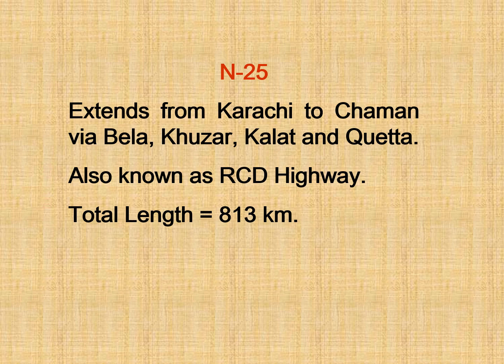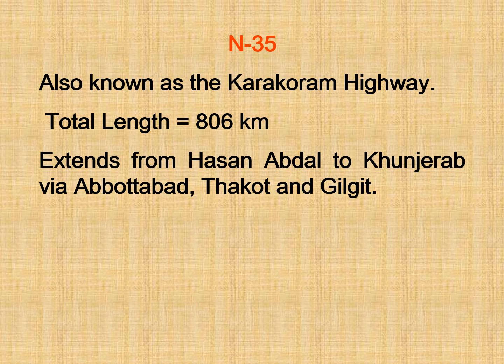Total length is 813 km. N35, also known as the Karakoram Highway, total length 806 km, extends from Hassan Abdal to Khunjerab via Abbottabad, Tharkot and Gilgit.